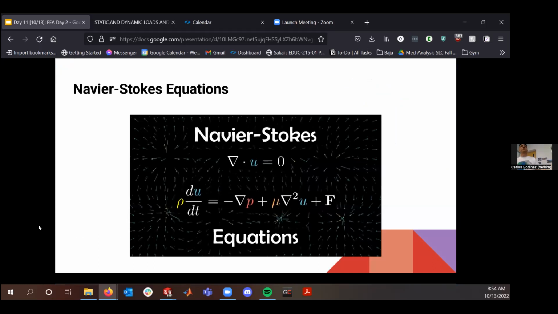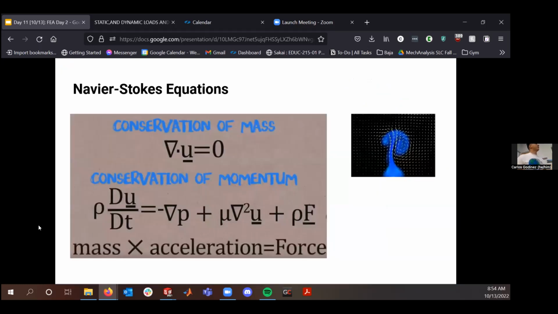If you haven't taken transport yet, don't worry, you'll go over this in more detail. The Navier-Stokes equations are basically a fancy way of saying that for all fluid domains, you have to have conservation of mass and conservation of momentum. Instead of doing all these crazy PDEs by hand in 1D cases or making really big assumptions, you can solve very simple cases like pipe flow and get a velocity profile if you make a few assumptions.